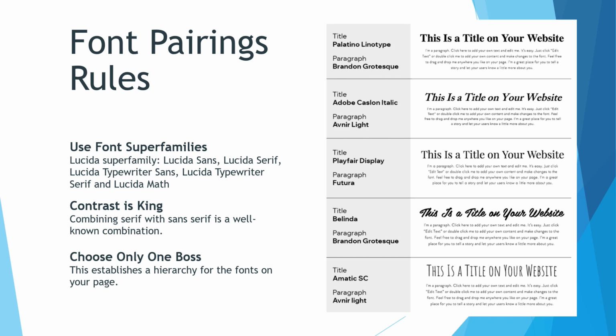And then another thing you want to do is choose only one boss. So one font should be the boss. This establishes the hierarchy for the fonts on your page. And this is achieved by varying maybe the size, the weight, or the color. Now, here on this screen are a few really nice combinations or different font pairings.